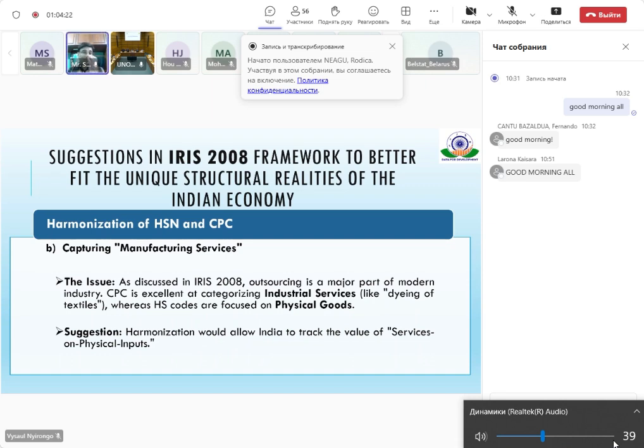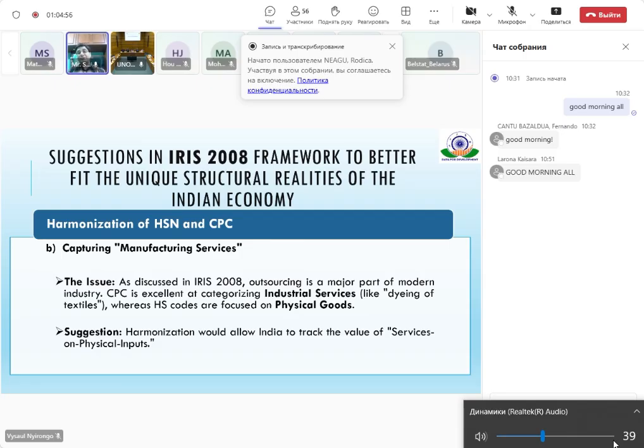Next, one of the important issues is manufacturing services. What is the issue? In IRIS, outsourcing is a major part of modern industry. CPC is excellent at categorizing industrial services like dyeing of textiles, whereas HS codes are focused on physical goods. So HS codes have limitations, and CPC has excellent coverage of industrial services. Harmonization would allow India to track the value of services on physical inputs.